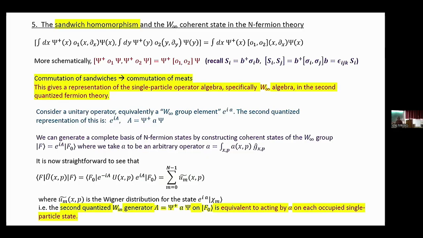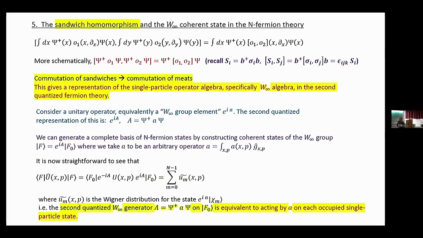Now it is straightforward to see that this operation, I have constructed now a rotation in the n particle Hilbert space by using a single particle rotation. Let me just say what the result is.